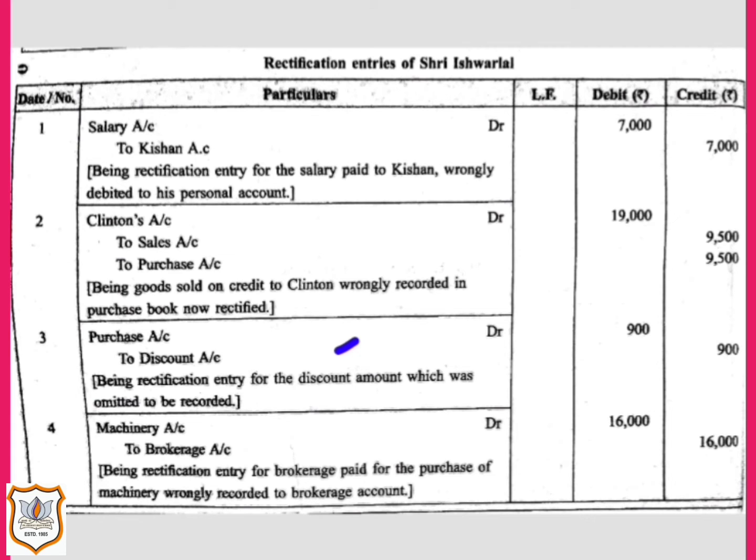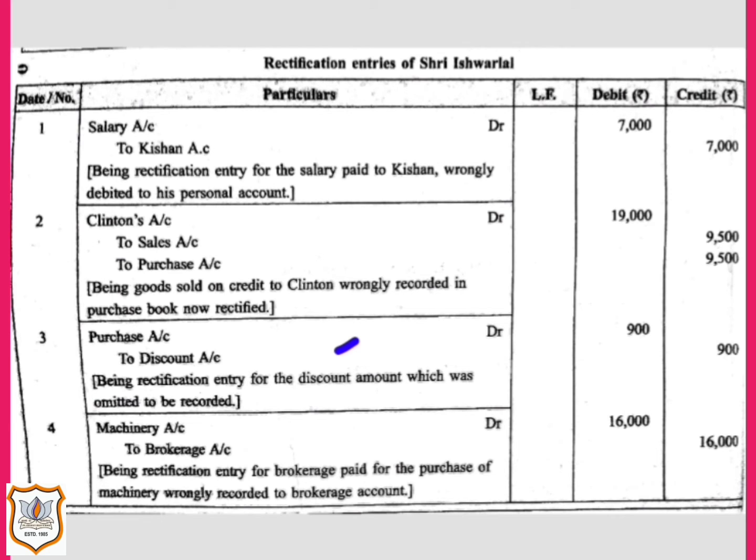Here the amount is 900. That means here in the question it is given that goods worth rupees 20,000 were purchased at 10% trade discount and 5% cash discount. So first we will deduct 10% trade discount from 20,000. So that comes to 18,000.